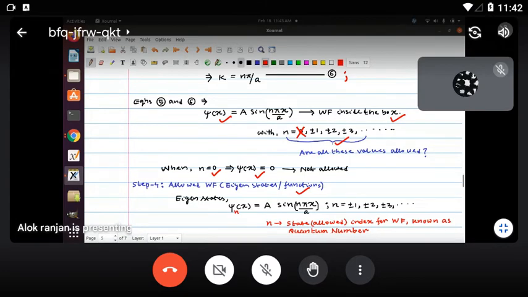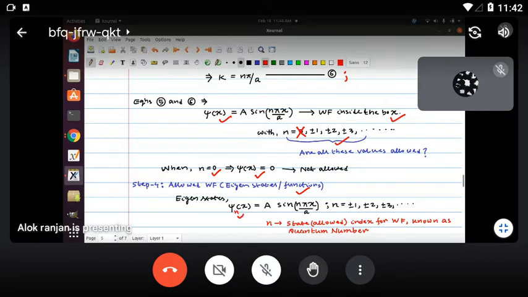So now you throw out non-allowed values, and the allowed values will give you the allowed wave function, hence eigenfunctions. So the eigenfunction psi(x) equals a sin(n pi x over a), provided n equals plus minus 1, plus minus 2, plus minus 3, and so on. Since the index n is appearing here, it is appropriate to use an index n.